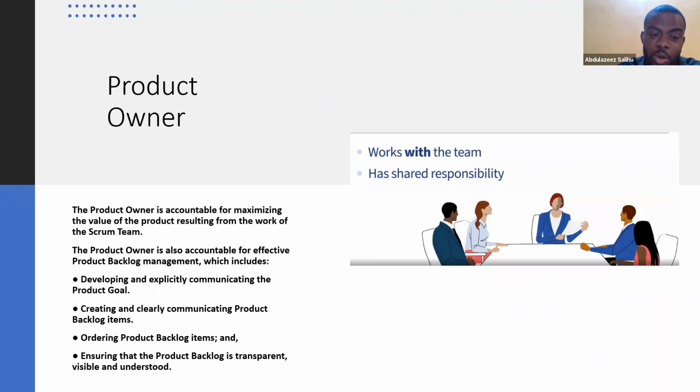This includes developing and explicitly communicating the product goal, creating and clearly communicating the product backlog items, then ordering the product backlog and ensuring that the product vision is well understood.